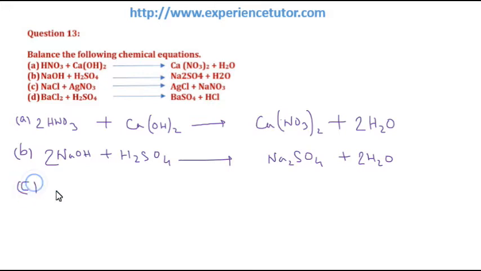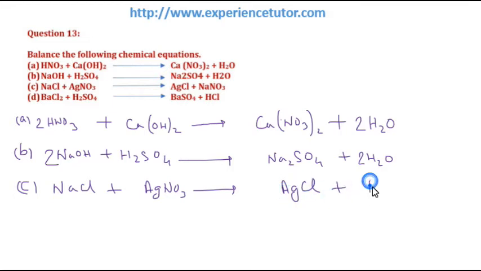Now NaCl plus AgNO3 gives AgCl plus NaNO3. This equation is already balanced, everything is balanced here.